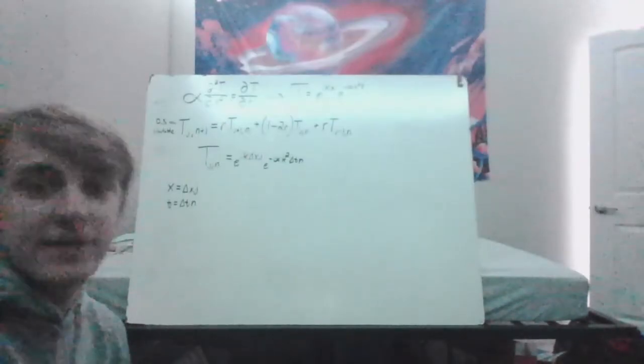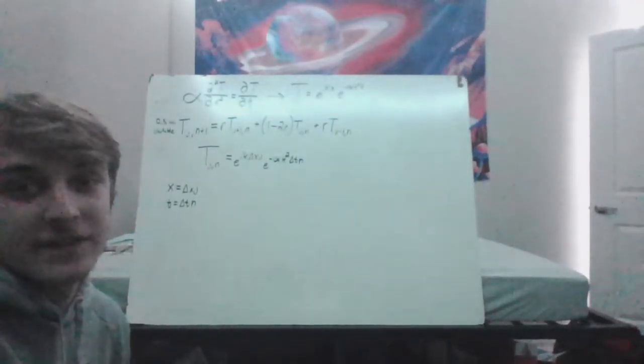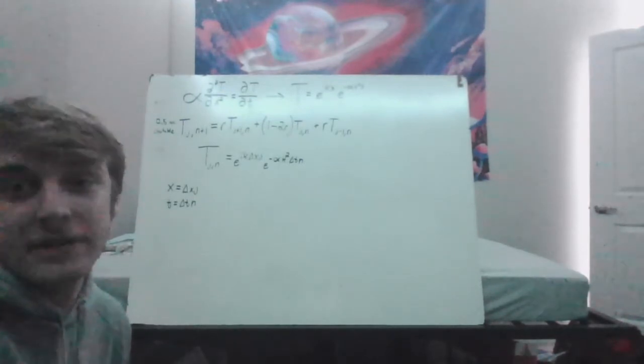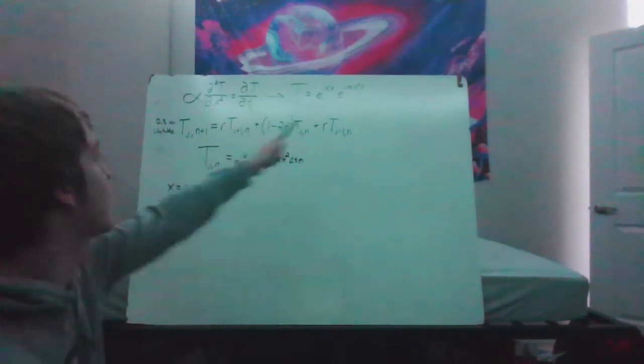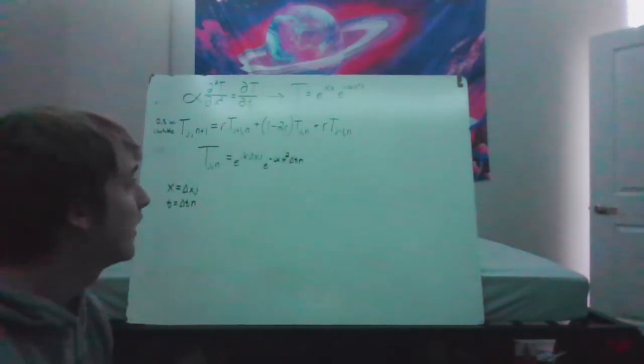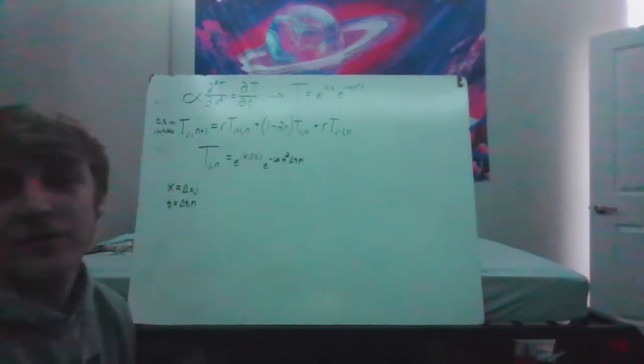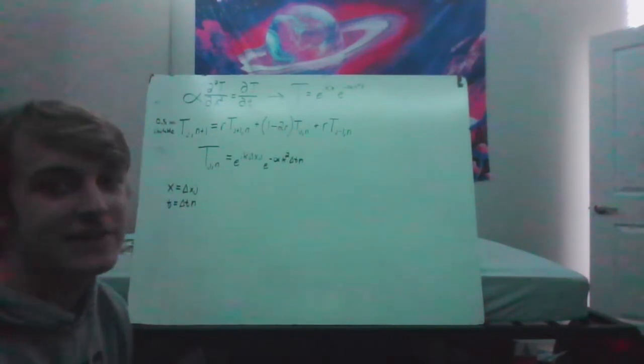So now, as you can notice, we don't just have a t sub j comma n. We actually have these other two of j plus 1 and j minus 1. So we are going to have to solve for those as well, but it is not going to be that difficult.